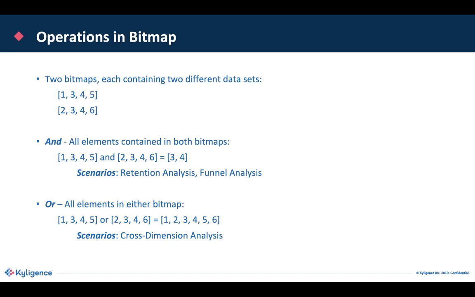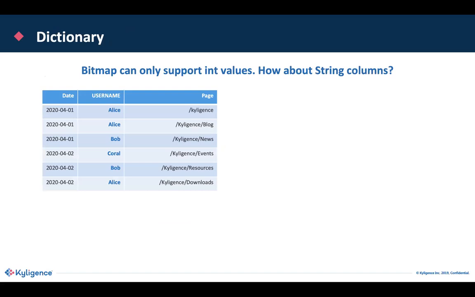and distinct count. But meanwhile, we also know bitmap can only store integer type values and cannot handle string type values. In the business, we often need to use string type values such as user emails and user names, etc. So how does Apache Kylin handle this type of data?